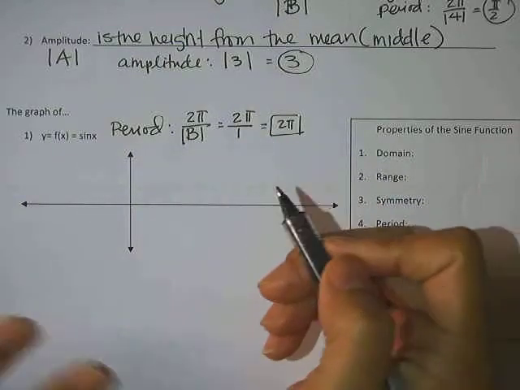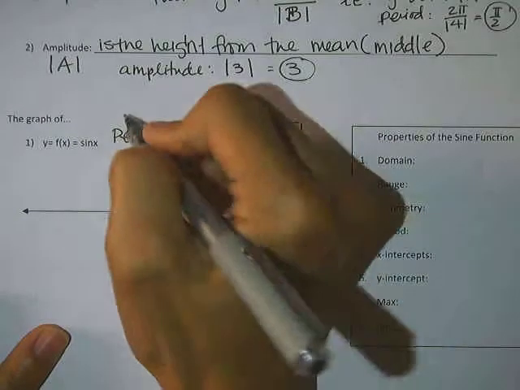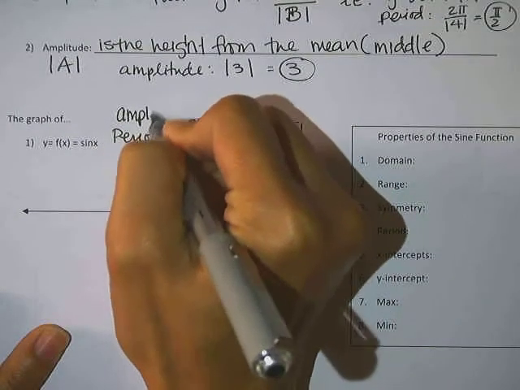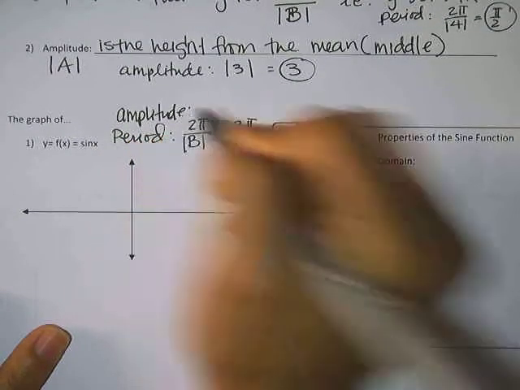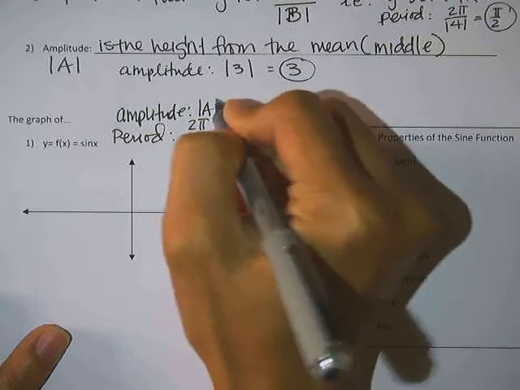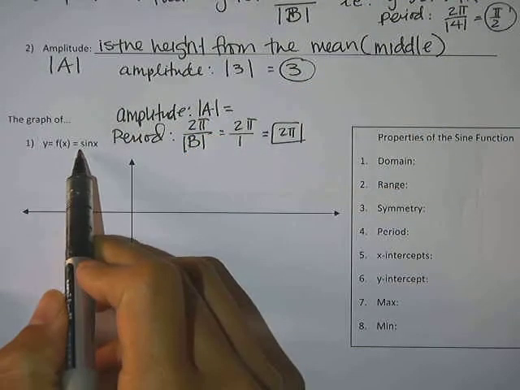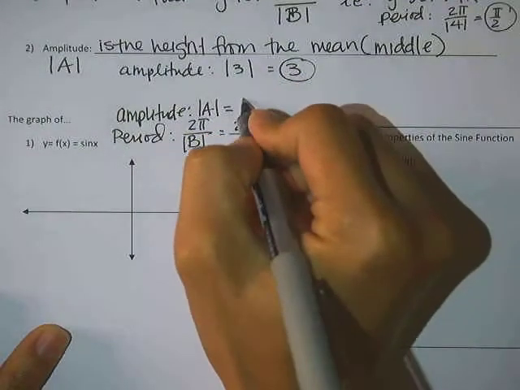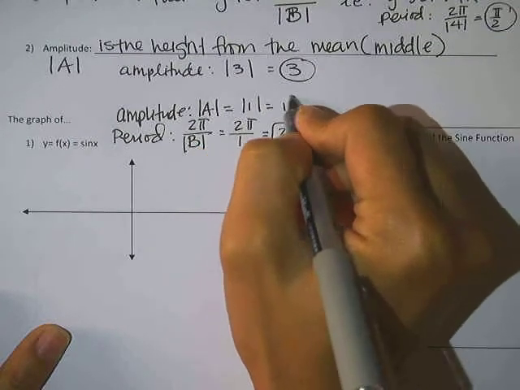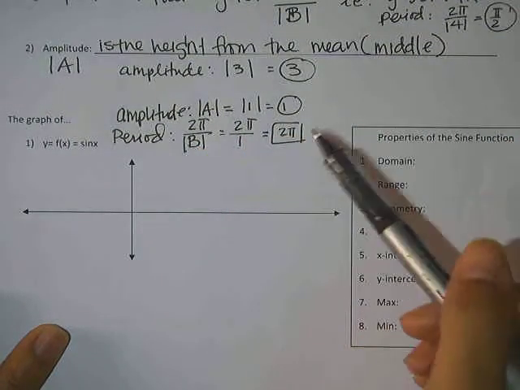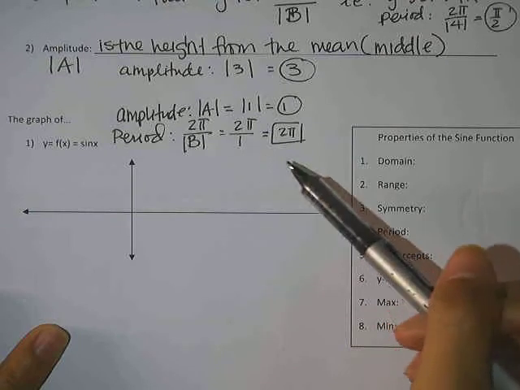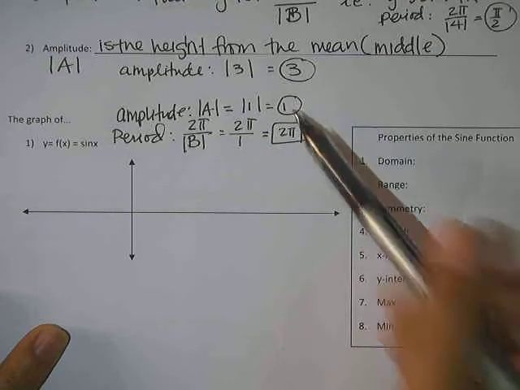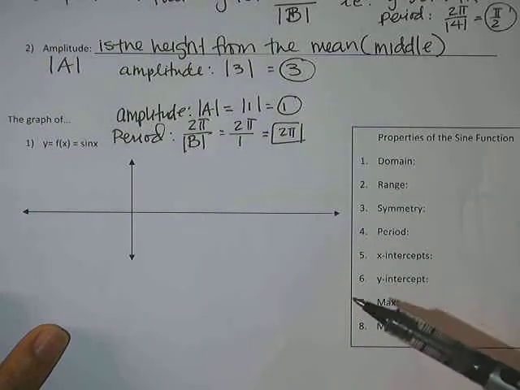Now let's find the amplitude. Amplitude is the absolute value of a. Because this is 1 times sine of x, it's just going to be the absolute value of 1, which is 1. All parent functions for sine and cosine will be 2 pi and 1: 2 pi for the period, amplitude is 1.